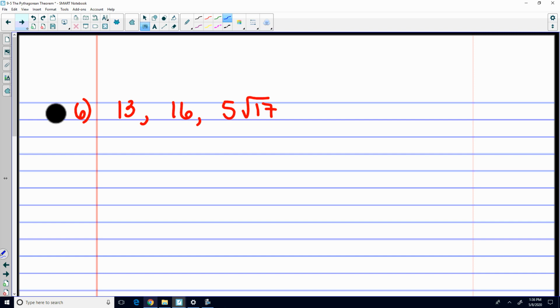All right, here's the deal. If I don't know which number is biggest, what you might want to do on your calculator is plug in 5 square root of 17. And you're going to get a decimal answer. If I take this on my calculator, I get 20.6155.